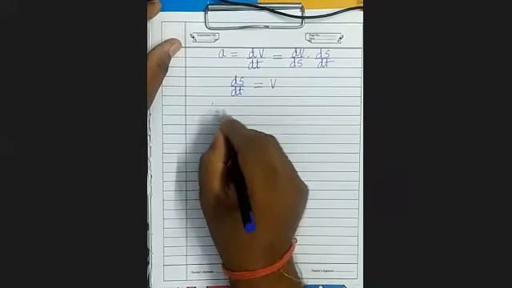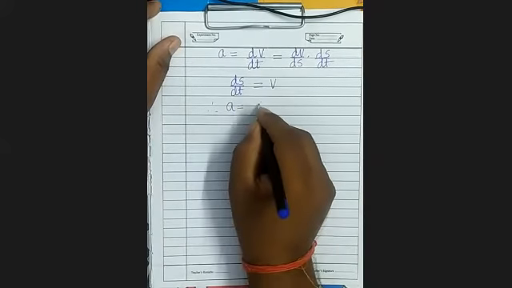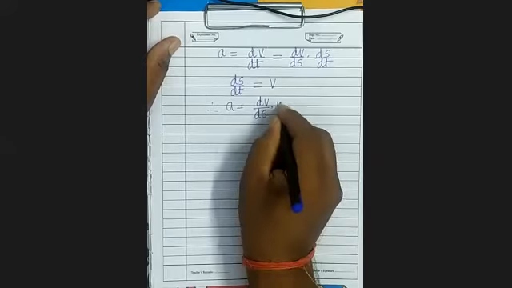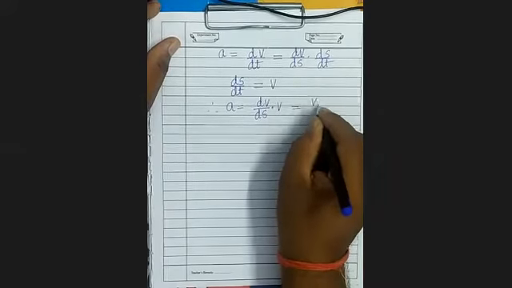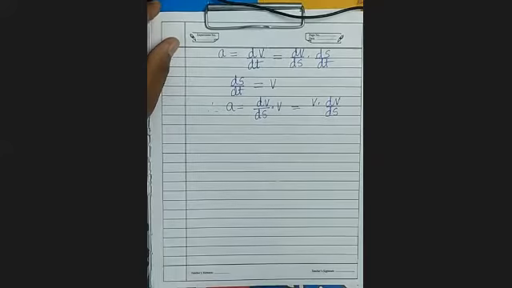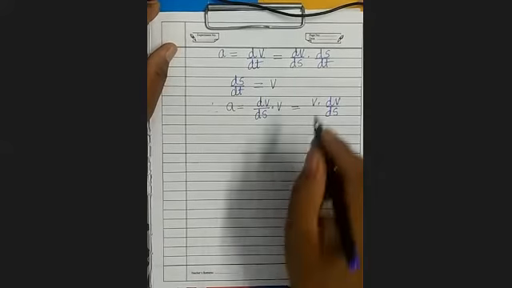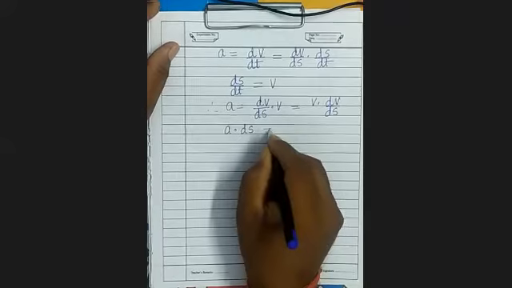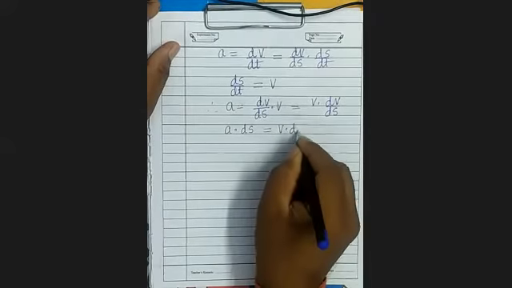Therefore, a equals to dv upon ds into v, or v into dv upon ds. It's clear, v into dv upon ds. So you can see here, you can write a into ds equals to v into dv.